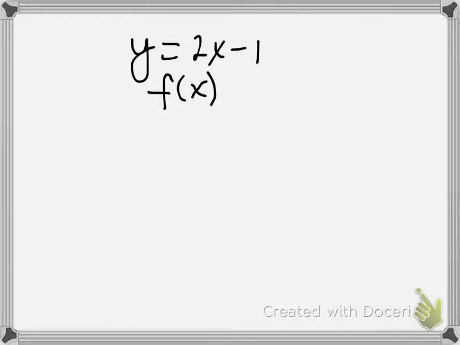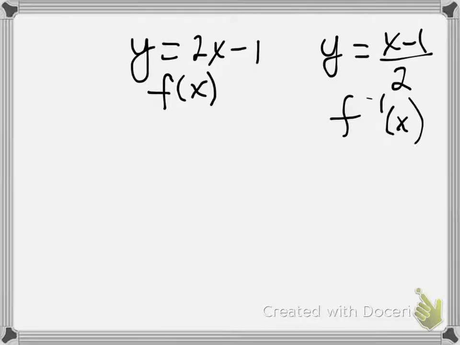We're going to learn how to find the inverse in a minute, but for right now I'm just going to give you what the inverse of this function is. It's y equals x minus 1 squared, and this is f inverse of x.